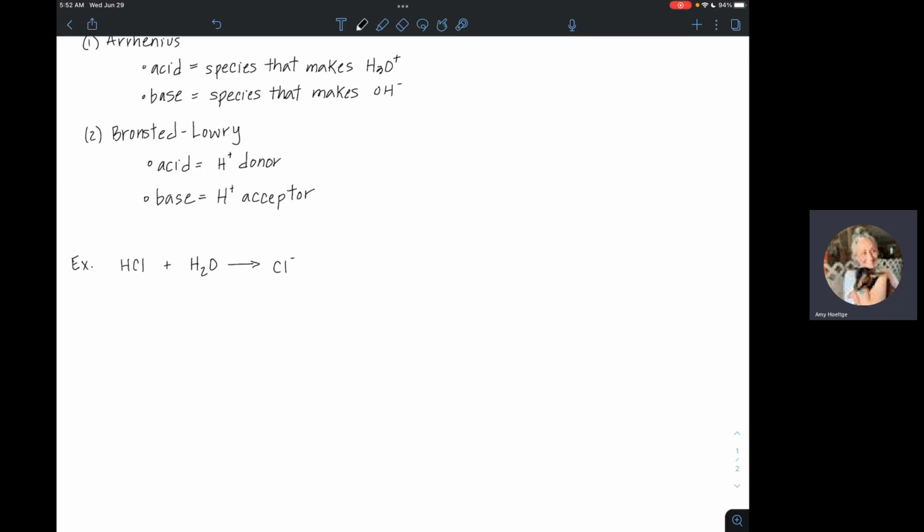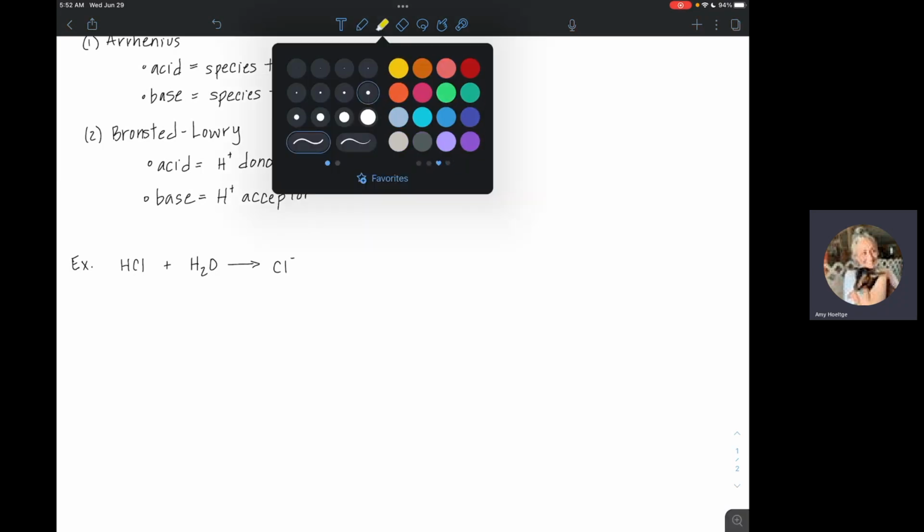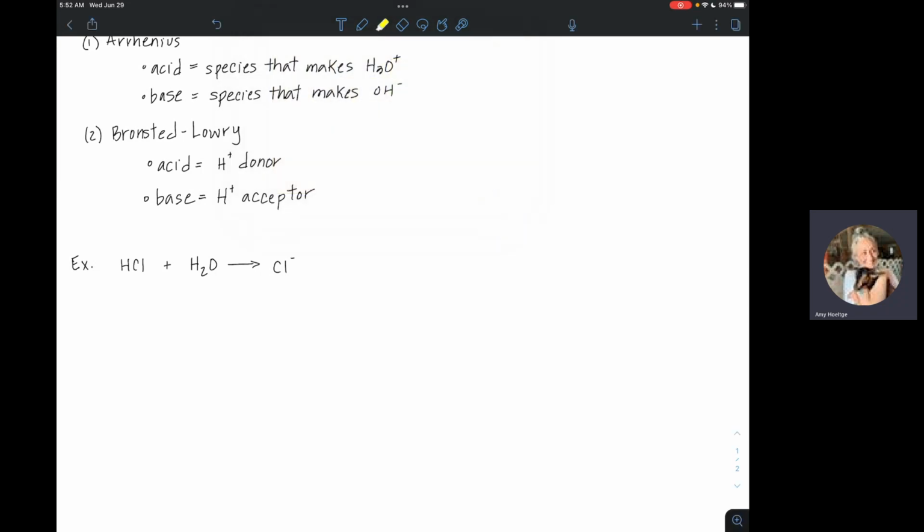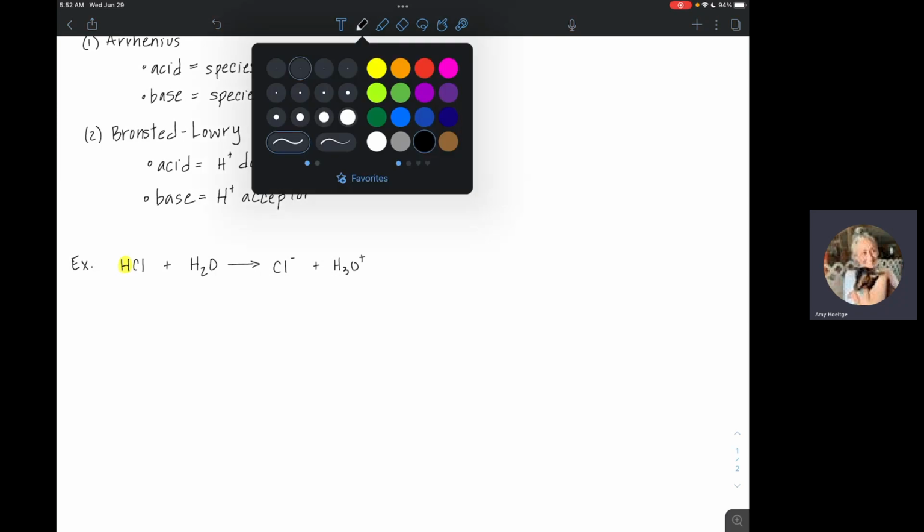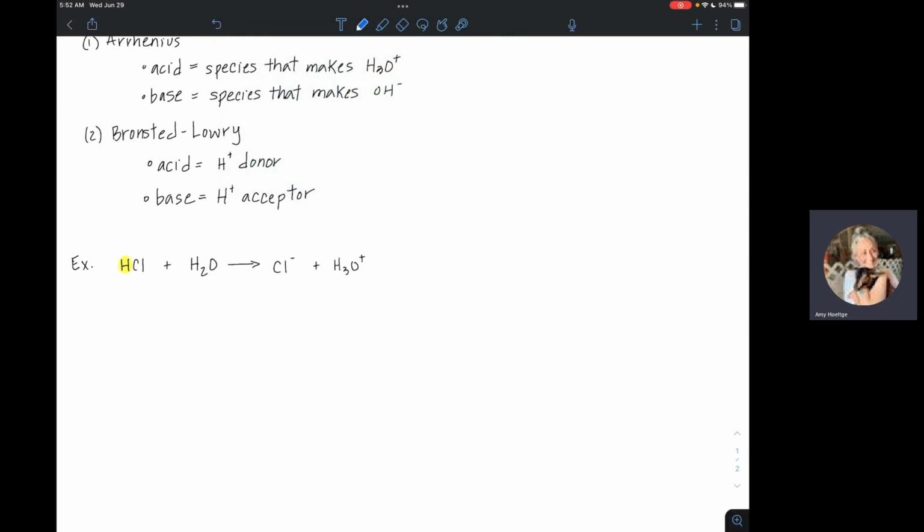On the other side, after we've donated a proton, we're going to be donating a proton here to the water. We're going to make the hydronium ion, and then we're also going to make what's called the conjugate base of the acid. So this will be the acid. This will be its conjugate base.